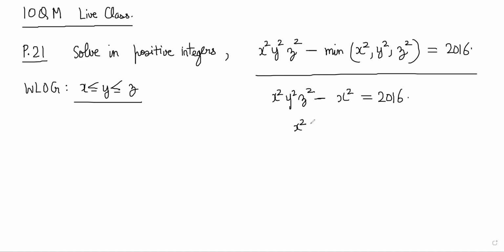So basically you can take x square common and you have x square times y square z square minus 1 is equal to 2016. This is the equation. After this is what you have to think about, what you can do here.